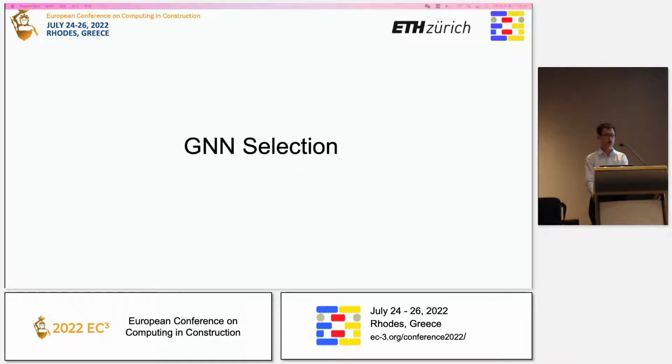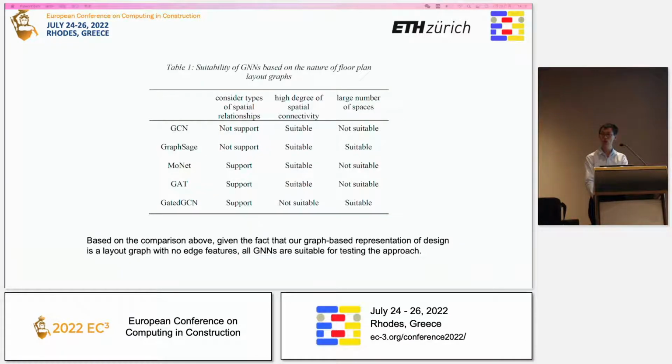Then let's talk about how we select the available GNN models. So we did a literature review on the existing works on GNN models, and we also considered the characteristics of the architecture design. We propose 3 criteria to consider for the model selection. The first is whether the edge properties are considered in the model.